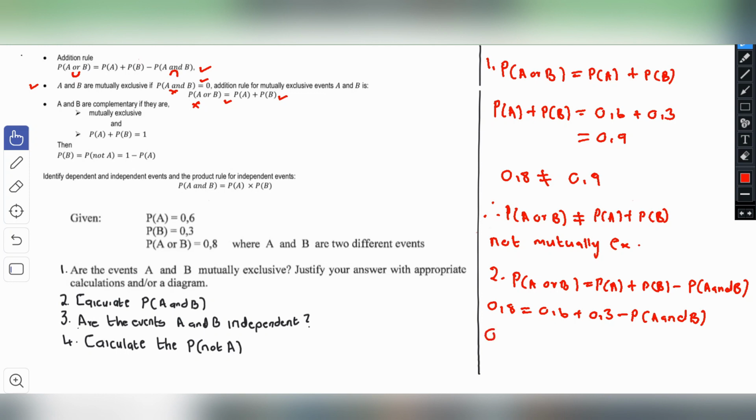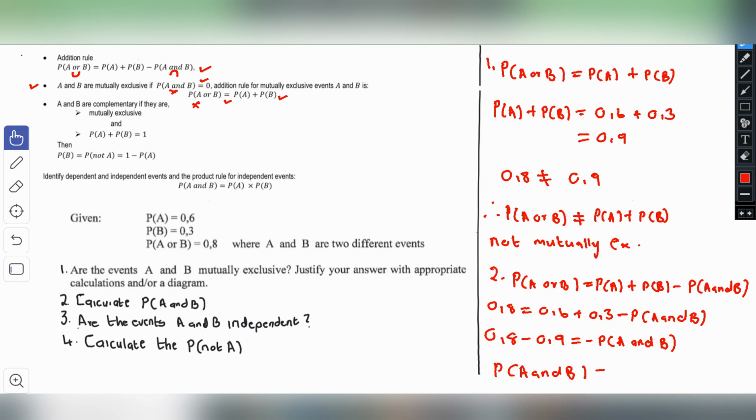Then we transpose, and we have 0.8 minus 0.9, which is equal to minus the probability of A and B, right?